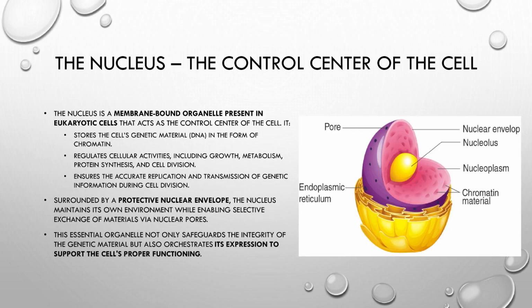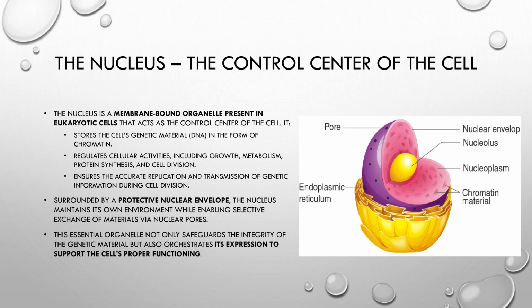Before discussing the role of the nucleus, first let us give a small introduction to the nucleus, the control center of the cell. The nucleus is a membrane-bound organelle present only in eukaryotic cells and completely absent in prokaryotic cells.